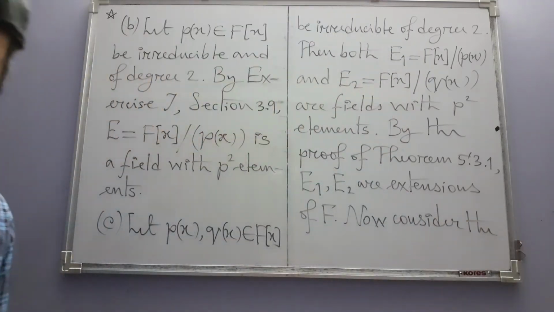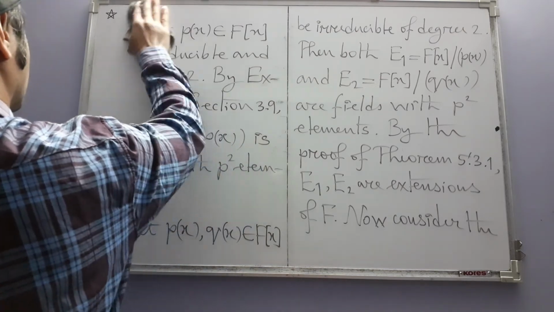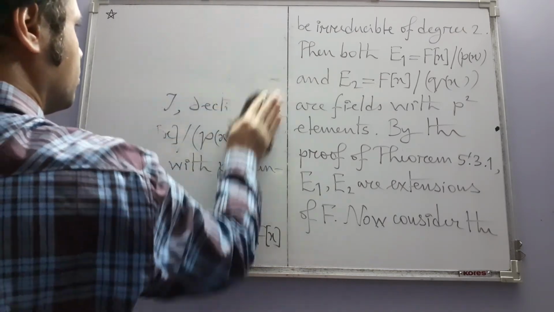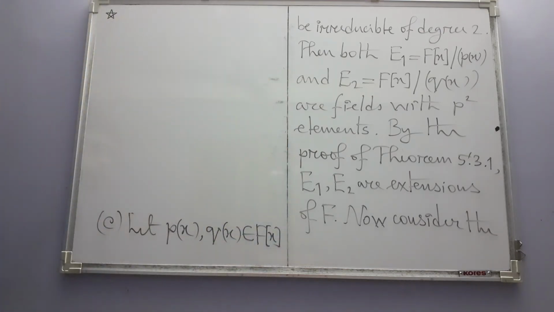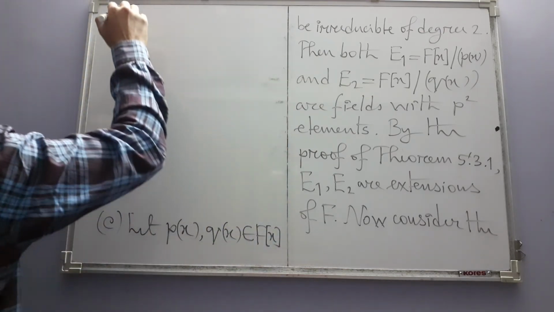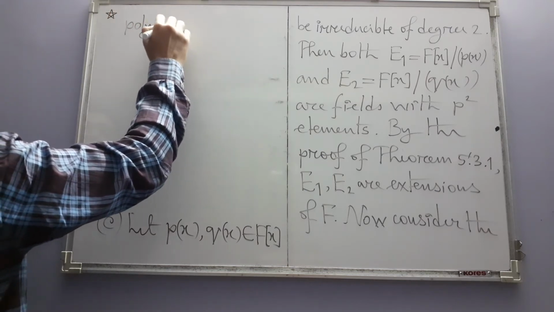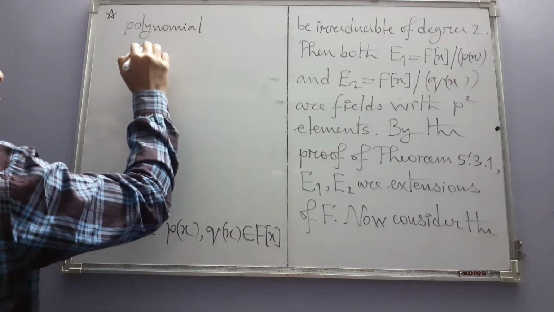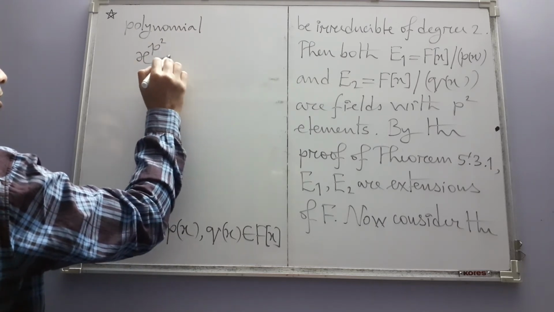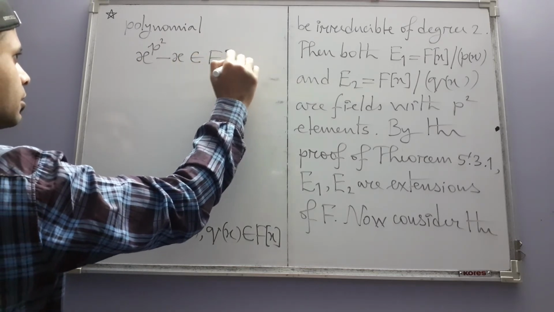Now consider the polynomial x to the power p square minus x in F[x].